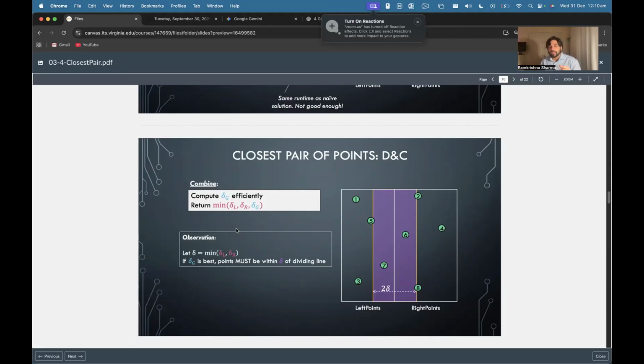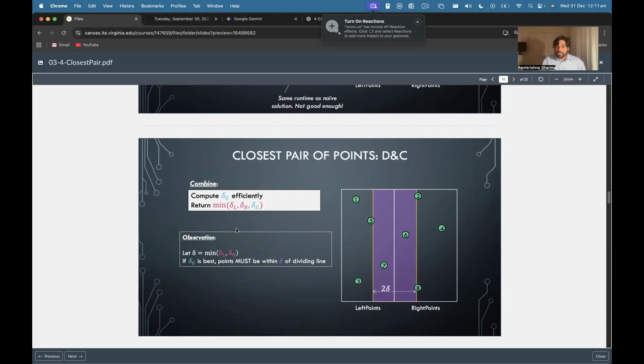So ultimately, the straddling pair has to be less than delta to be able to beat the delta that came from either the left or the right, in order to be the best new, smaller solution.